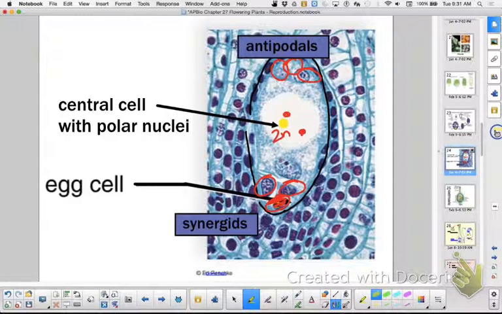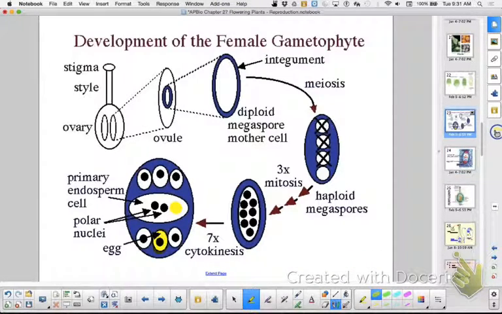Okay. Life cycle in detail. The development of the male gametophyte in pollen sacs of the anther. A microspore mother cell undergoes meiosis to produce how many microspores? 4, each of which develops into a gametophyte, the pollen grains. Whereas for the female, in an ovule within an ovary.